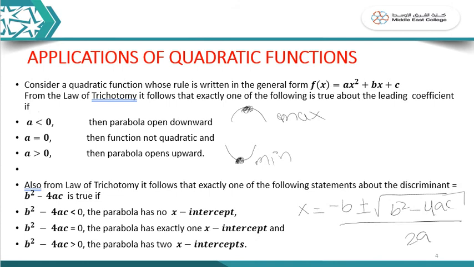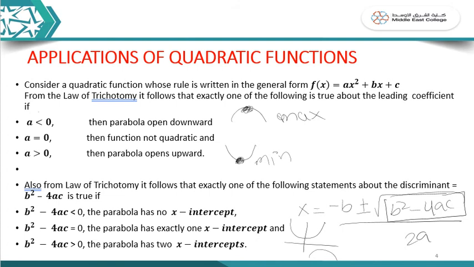Now the discriminant, which is under the square root, if it is negative, that means we will not have a real root. There will be no solution, and the graph will not cut the x-axis. It will be like this, or like this. It will not cut any point in the x-axis.